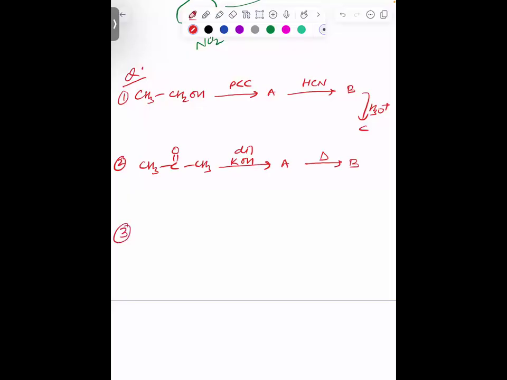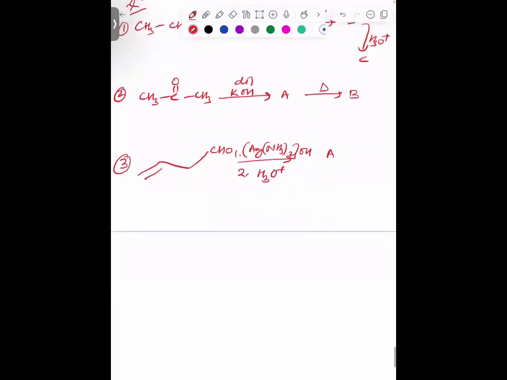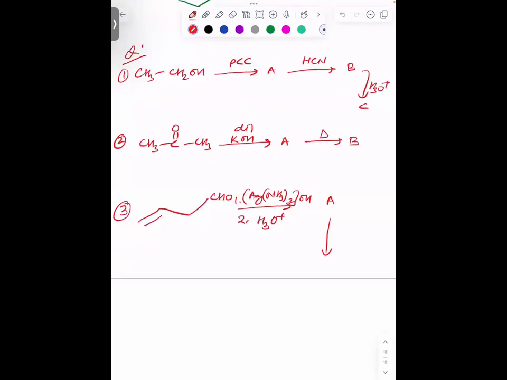Three questions only. This is Tollens reagent. Write the product. Make it fast.